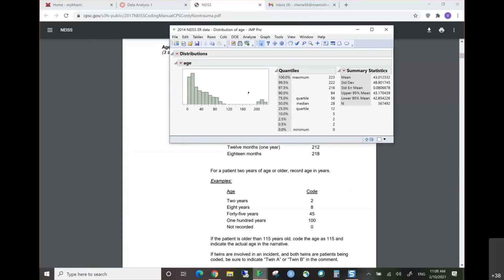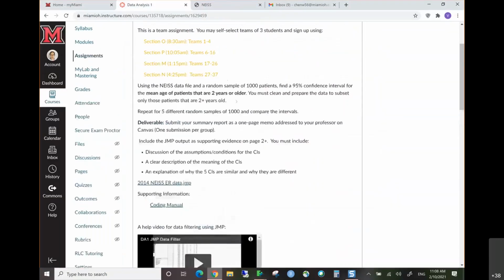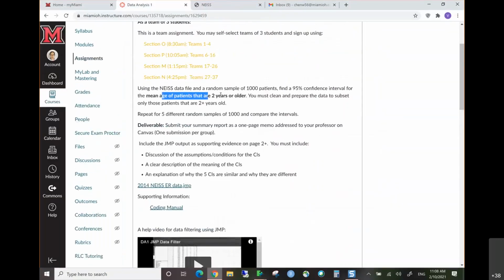That is not our research goal, right? So you need to delete these values because we only want to focus on the patients who are 2 years or older.